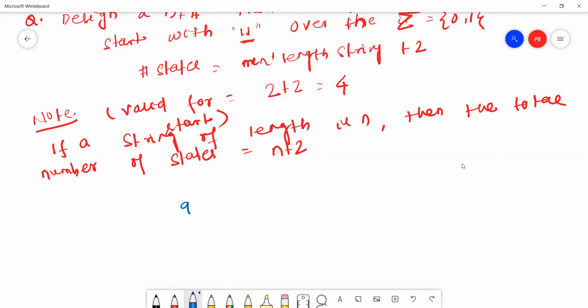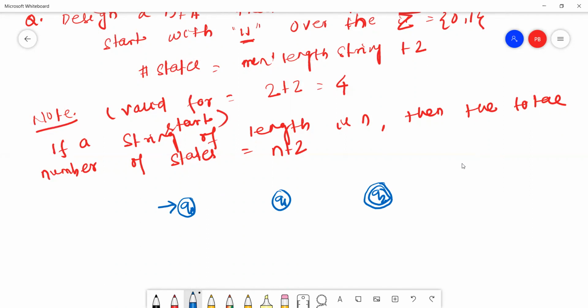Now this is Q0, this is Q1, this is Q2. Q2 is my final state, Q0 is my initial state. Later I'll tell you the other state. Now I just draw the 3 states. Simply follow the rule.